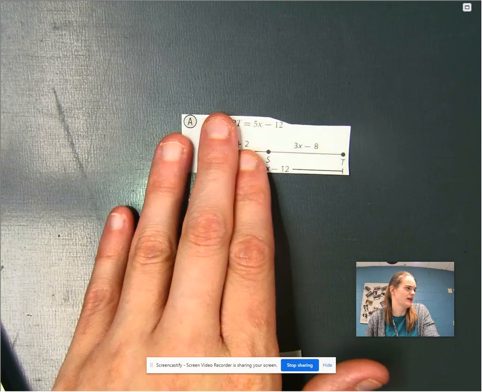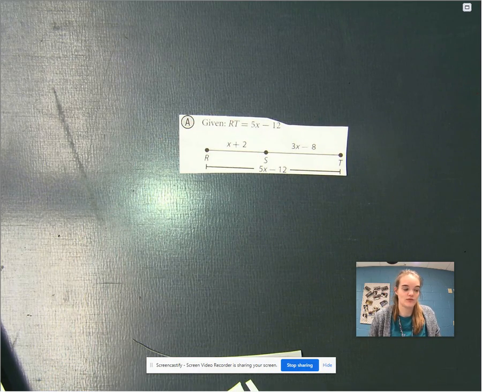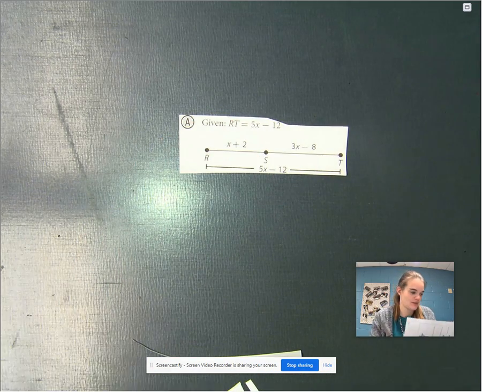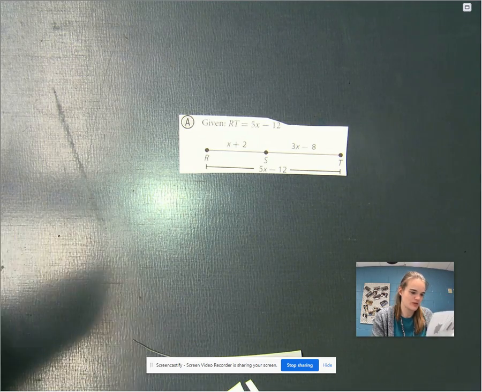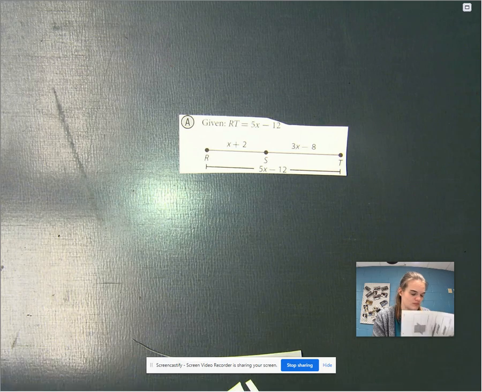Okay, this came from 48. Now, from 49, I need you to cut out, and we tore this out because when we're done, we're just going to throw it away.